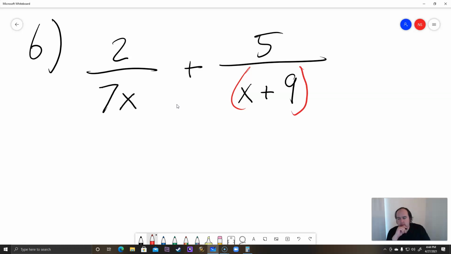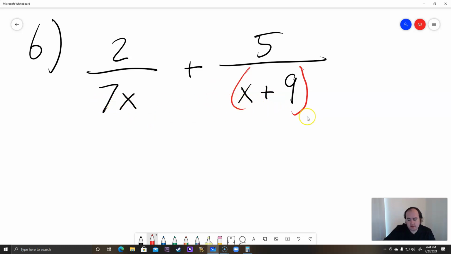Now the tricky part about this problem is not so much that it's a hard problem, it just confuses people because they're not sure what's missing here exactly. So when we look in the first denominator, we have a 7 and we have an x. And then in the second denominator, we have an x plus 9. So for starters, you need to realize that x and x plus 9 are actually different factors.